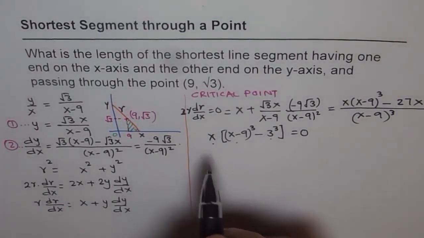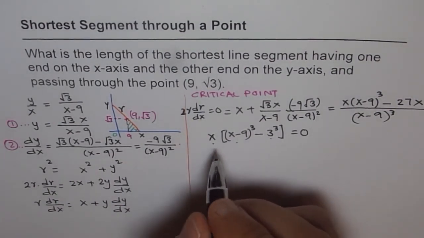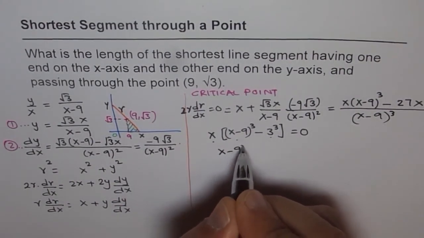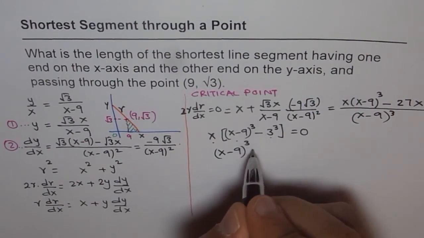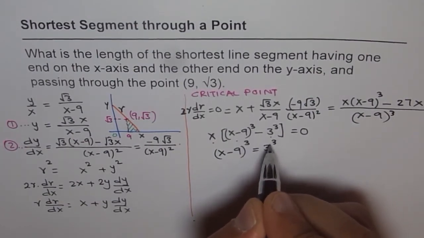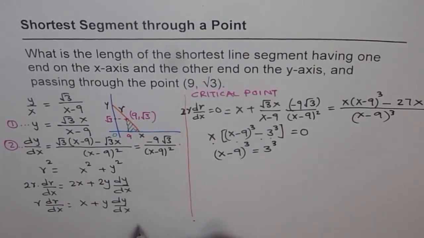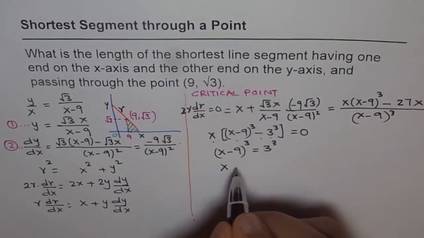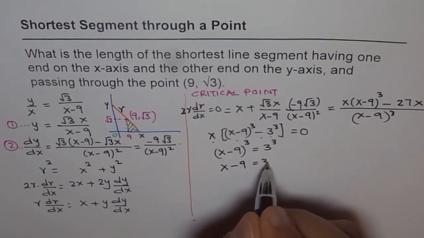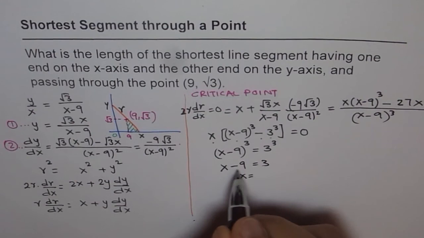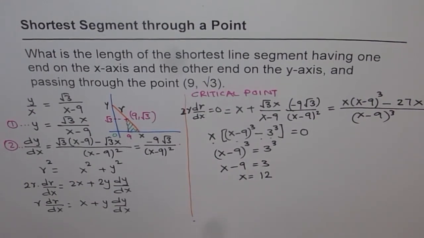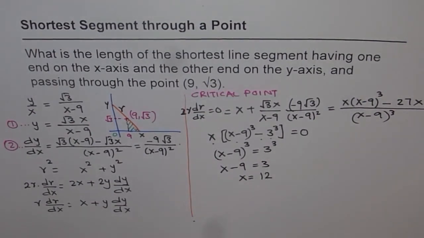So that is not possible, but this factor could be 0. That means (x minus 9) whole cube can be equal to 3 cube. In that case, this factor will be 0. That clearly gives us a solution as x minus 9 equals 3, or x equals 3 plus 9, 12. So we do get a solution of x equals 12.